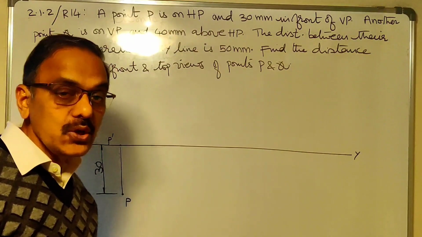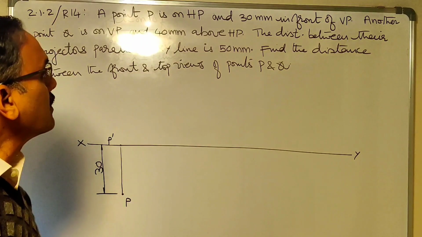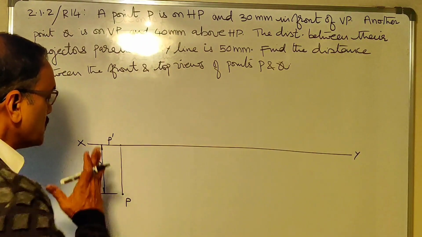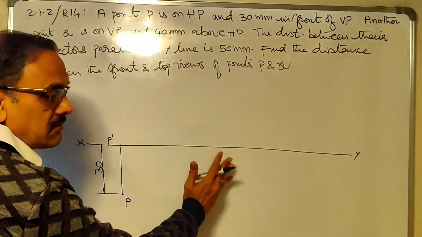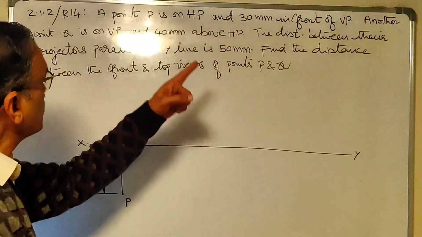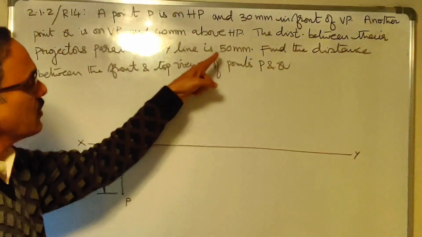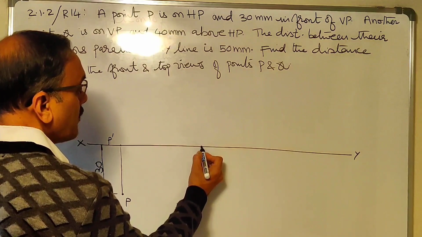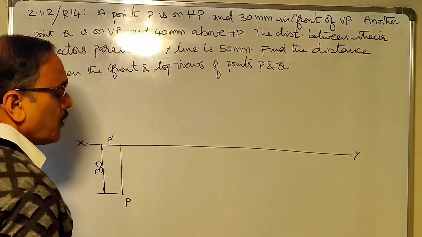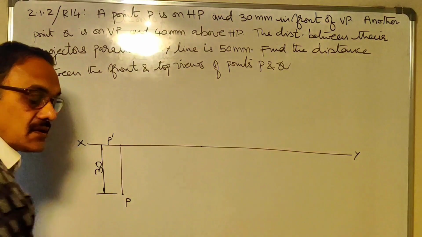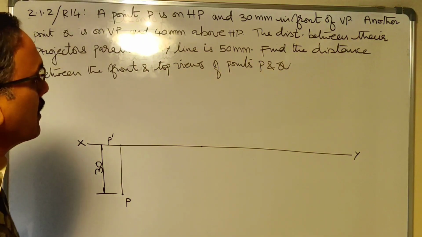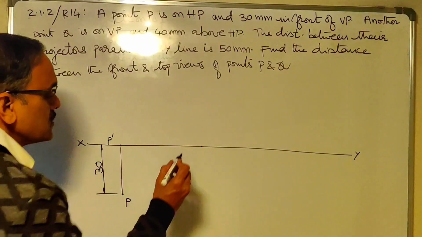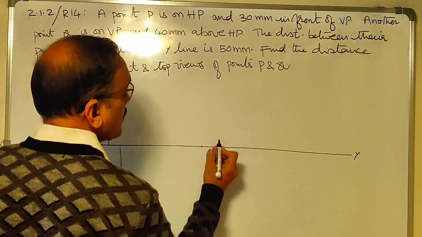Now the other point Q. If I have to draw the projection for the point Q, I should know the distance between the projectors. That is given to you. Distance between the projectors measured parallel to XY line is 50. So from here, I take a distance of 50 mm, mark a point there, and then you can draw the projector for Q there. And what is the position of Q? It is on VP, so I can represent the top view of Q here.